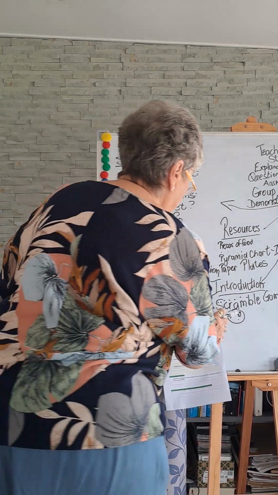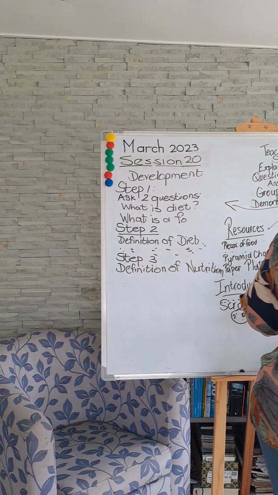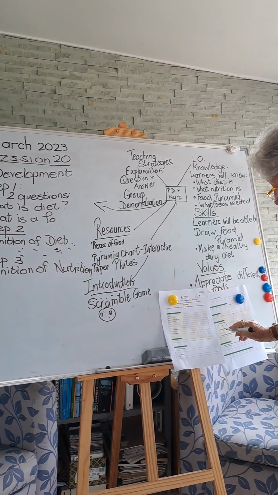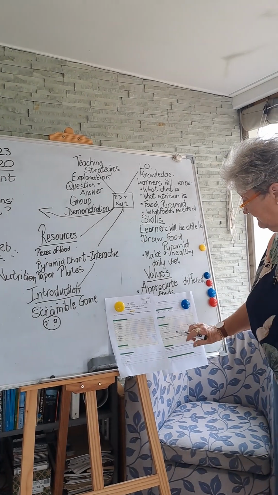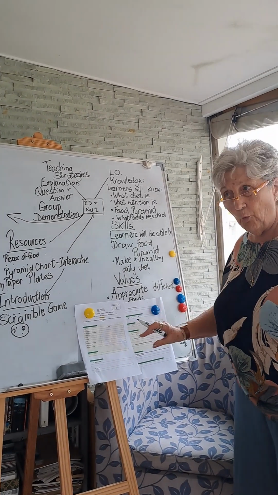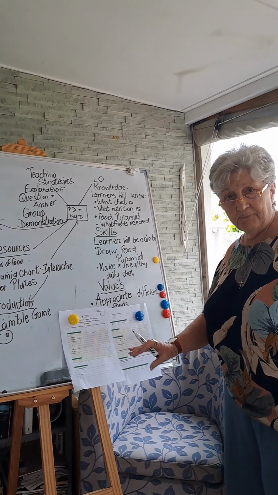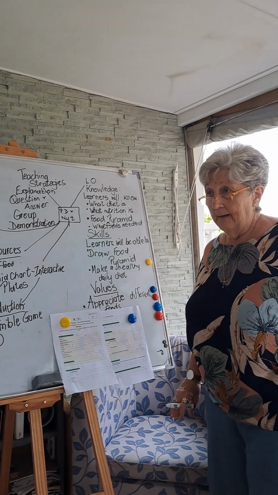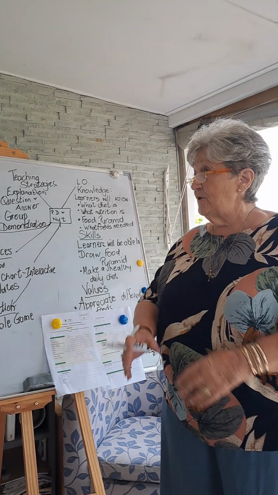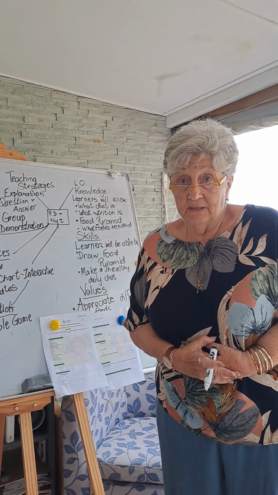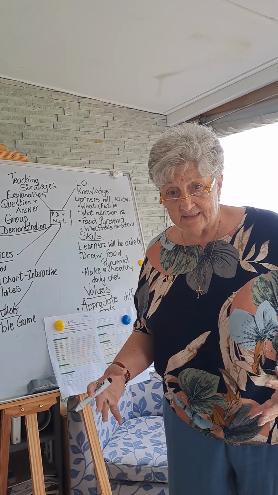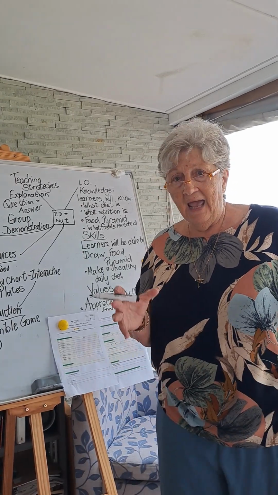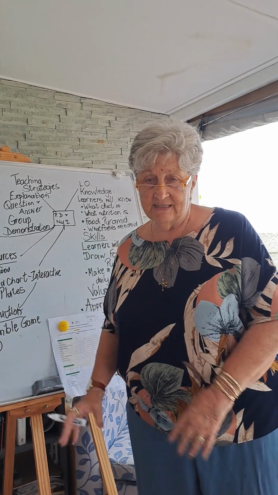Then I'm going to go, and all this is written here in your lesson plan, in development. As you're going down in development, you are writing step 1, step 2, step 3, step 4, as you go along. Maybe you have 6 steps, maybe you have 7 steps, I can't tell you. Every single lesson will be different because it depends on how I'm going to teach that lesson.